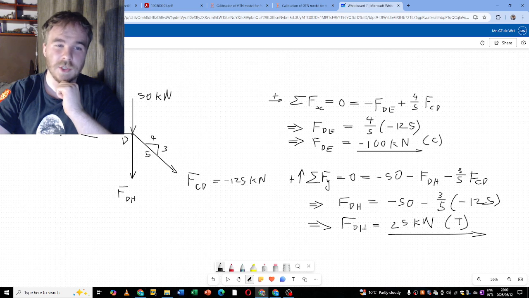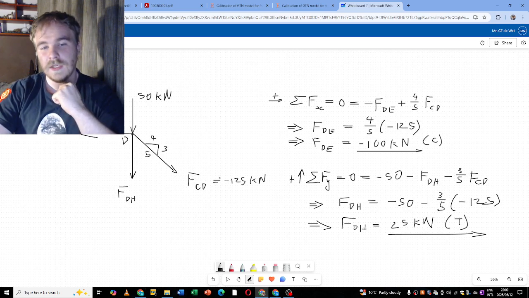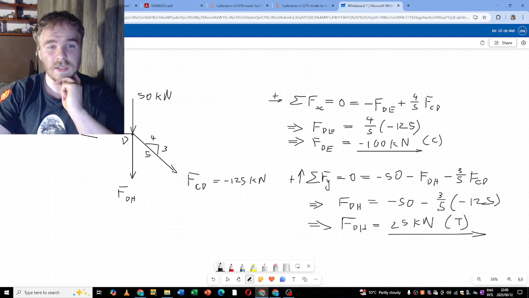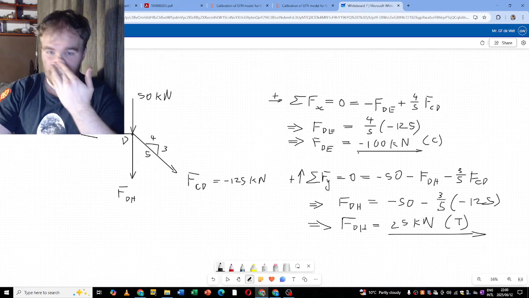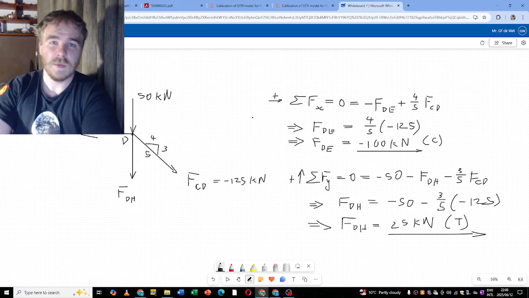It needs to be in compression because it needs to push against D to counter the FCD force. And it also needs to be smaller than FCD because FCD only has a component in X, it's not entirely in the X direction, and FDC is. And we get 100 kilonewtons, and that fits the description that we're seeking for.